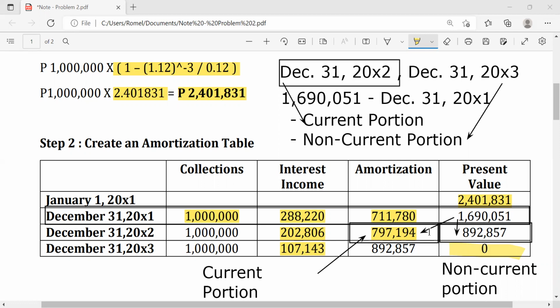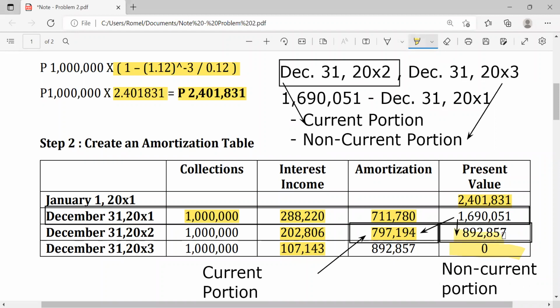So I want to emphasize na pag i-add natin ang 797,194, which is the current portion, plus 892,857, which is the non-current portion, the sum will still be 1,690,051. So correct talaga siya na ito talaga yung mga amounts.